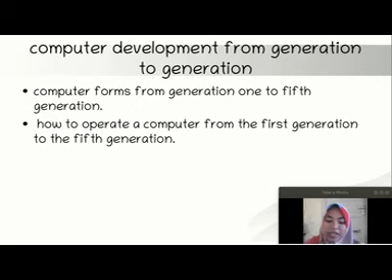Fourth generation computers are easier and more sophisticated because of the creation of the graphical user interface, or GUI, and a portable computer called a laptop. The processor, or so-called CPU, always develops from time to time until now.